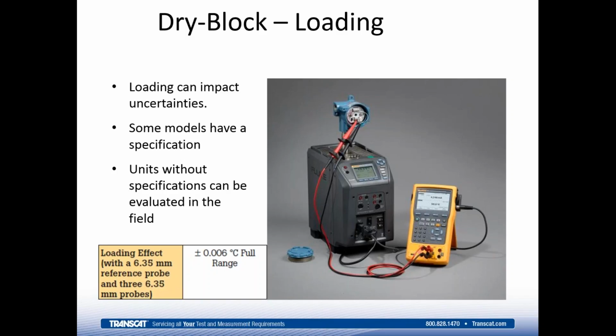You've got heat being pulled out of the dry block by all these different probes, and there's more thermal mass. It has an impact on the uncertainty. So just be aware, and as you can see, the loading effect for the field metrology well is 6/1000ths of a degree. That may not even be enough to matter, but we have it characterized.